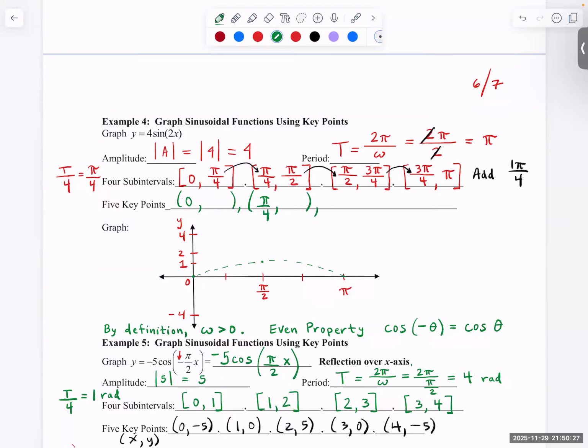And we're just going to keep adding pi over 4 as we did earlier. So the next one would be 2/4 pi, or pi over 2. This is going to be the angle where the third key point occurs. And then the fourth key point will be at 3 pi over 4. And the fifth key point will occur at pi, the end of one cycle.